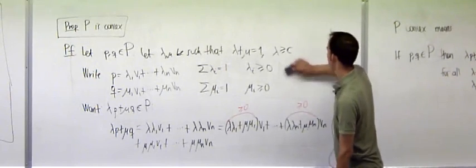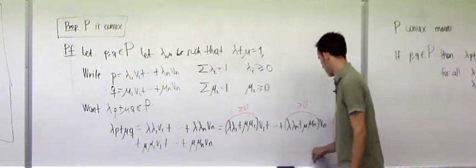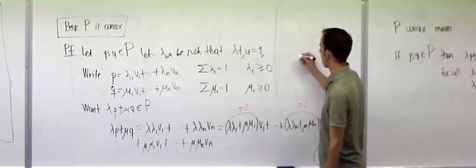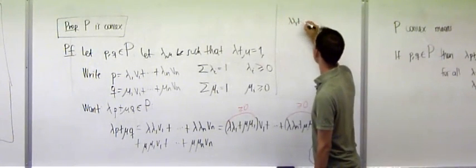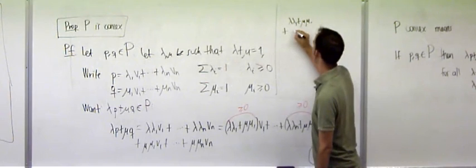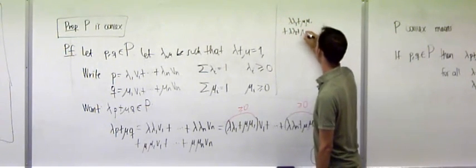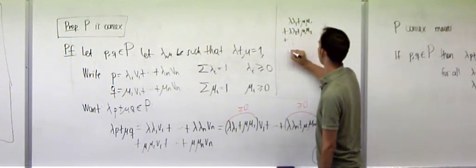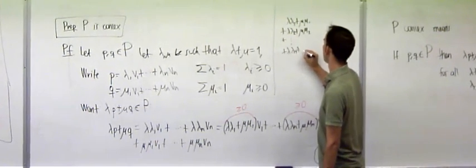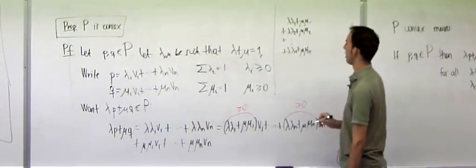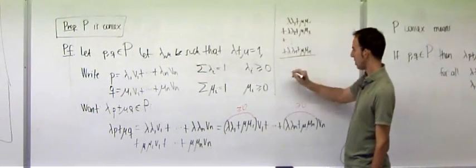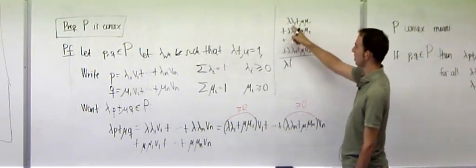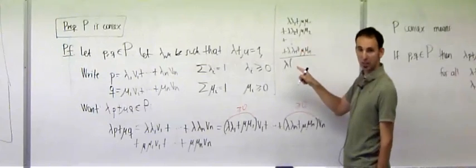But let's just do it in this corner over here. What happens when I add up lambda 1 plus mu 1 plus lambda 2 plus mu 2, so on, up to lambda n plus mu n. When I add these things, I get lambda times lambda 1 plus lambda 2 up to lambda n, that's 1.